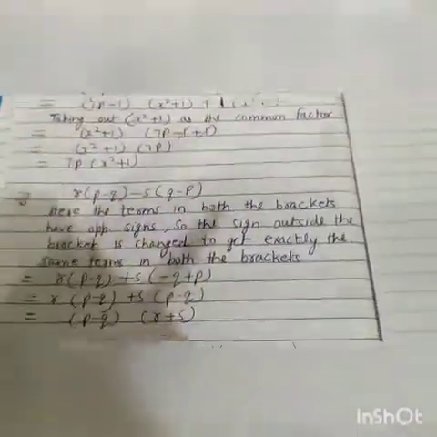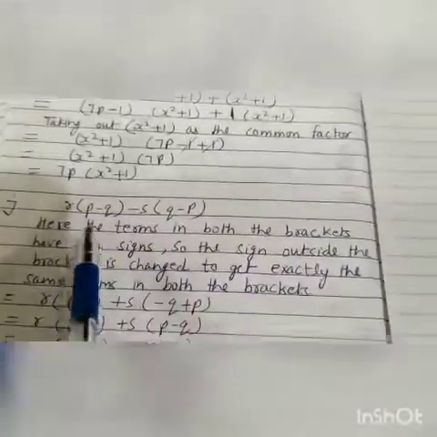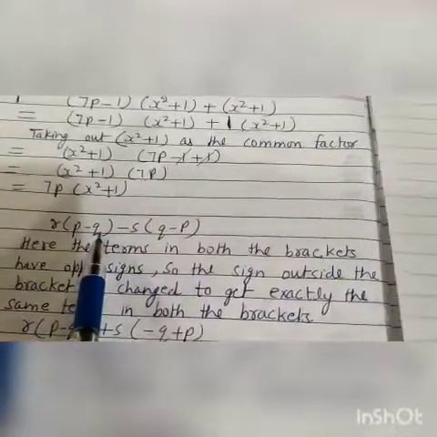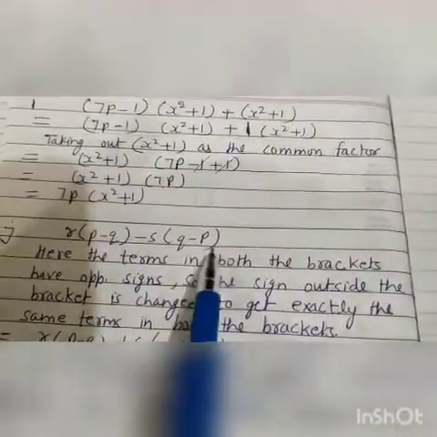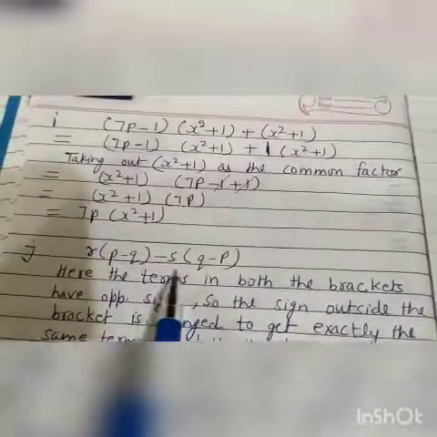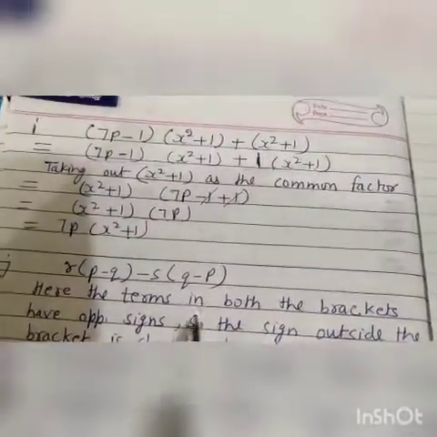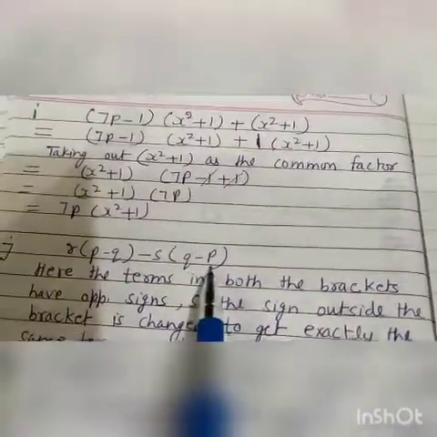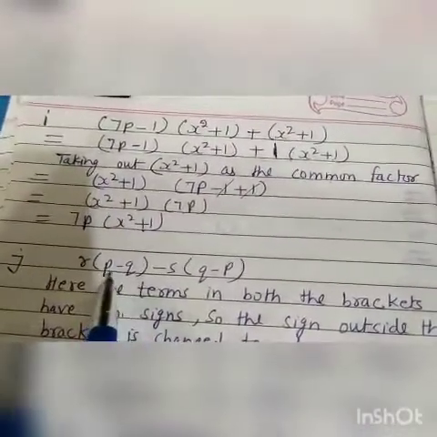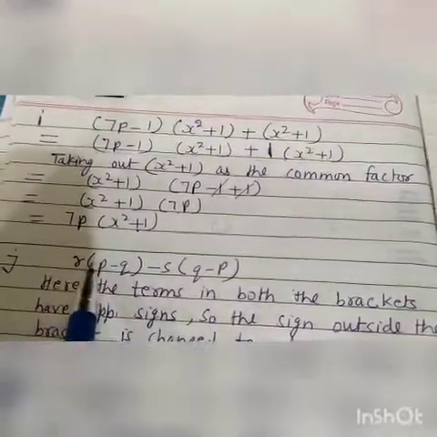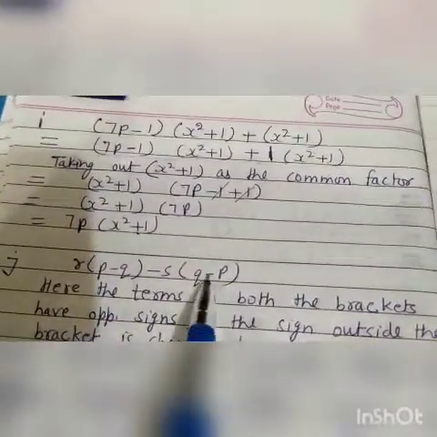Now come to part J. Part J is r into p minus q minus s into q minus p. Students, see here again. In the first bracket it is p minus q and in the second bracket it is q minus p. Again both the terms are opposite in sign. Here it is plus p, here it is minus p.